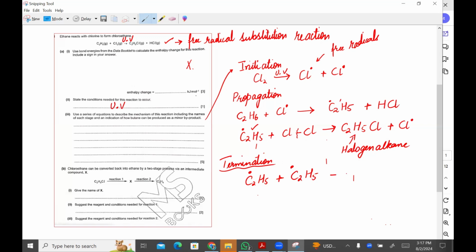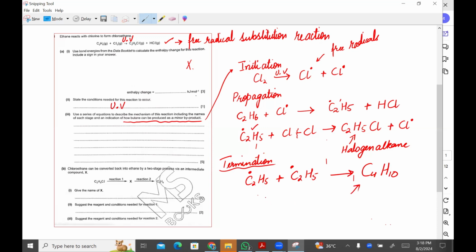And what is going to happen? It is going to form C4H10. So basically what they have asked us is how butane can be formed as a minor product. So this is the way through which butane would be formed as a final product.